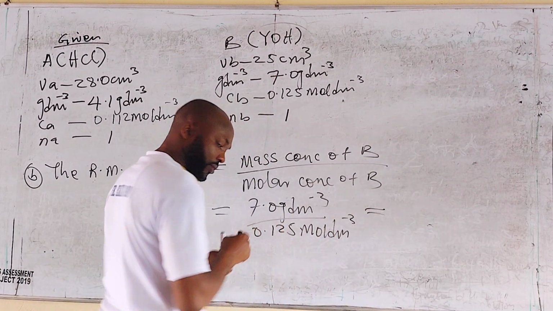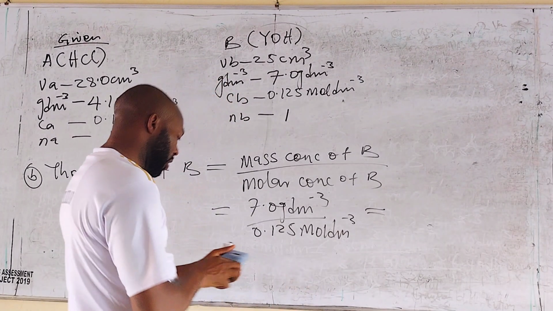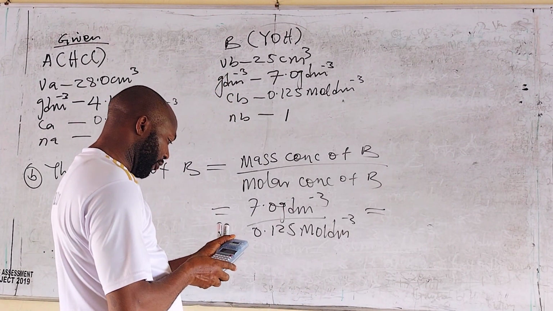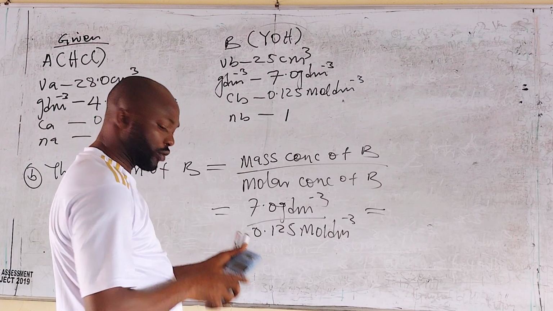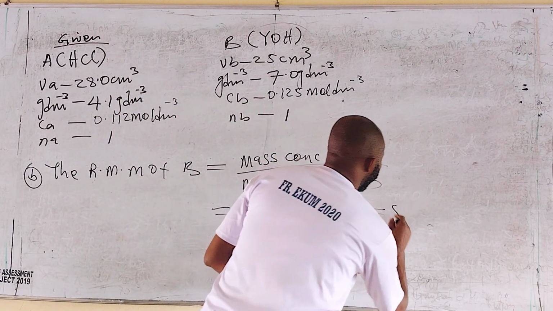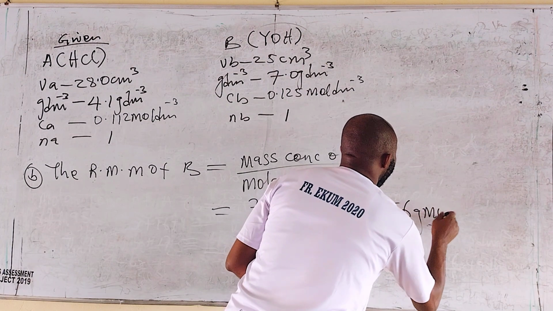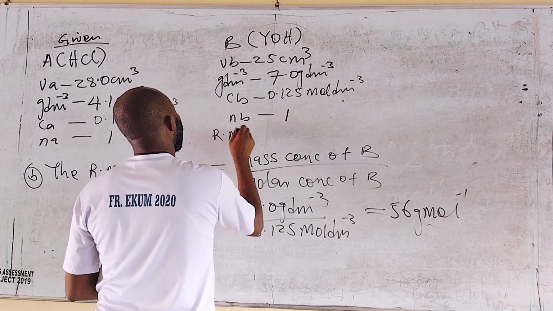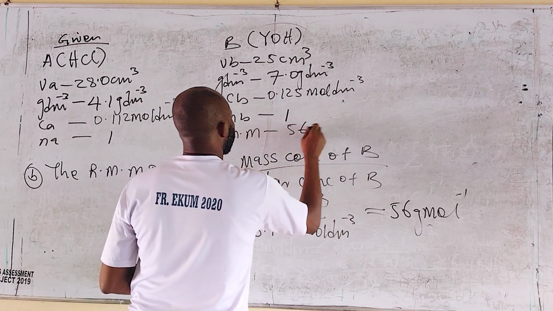This is equal to 7 divided by 0.125, which equals 56. So I have 56 g/mol as the relative molecular mass.